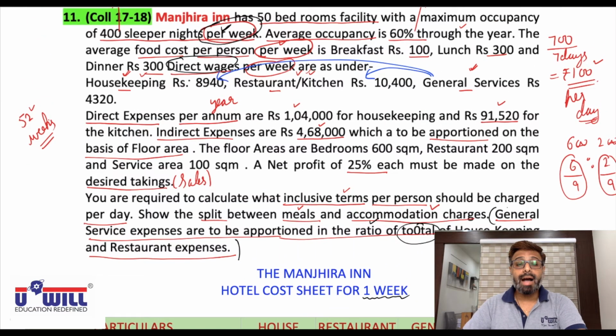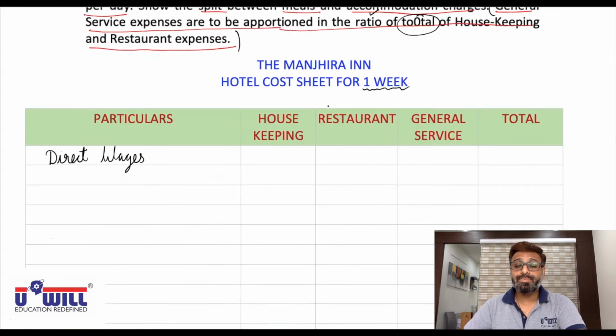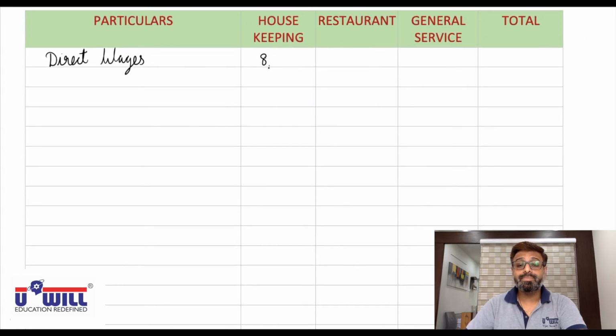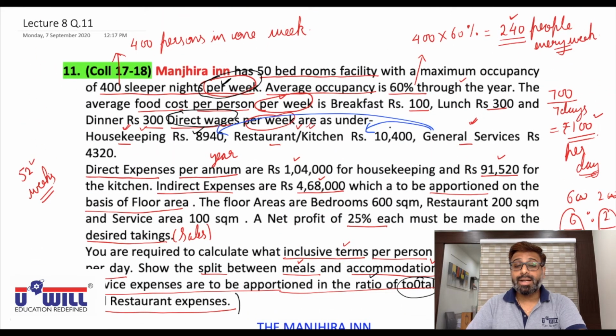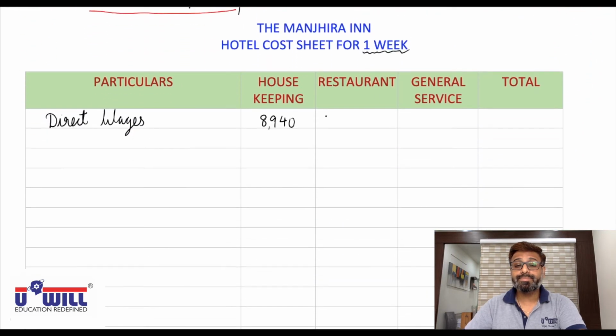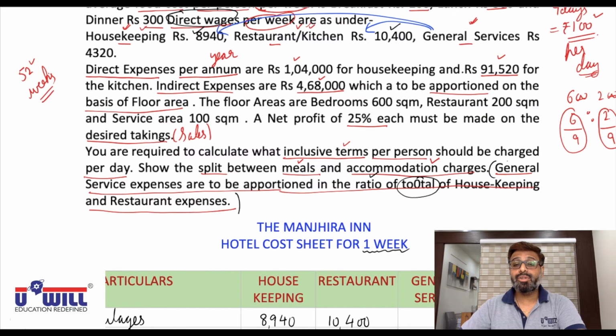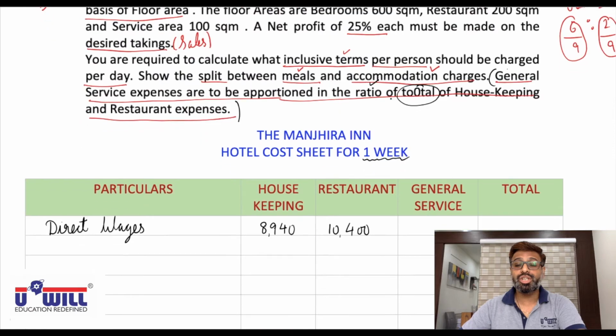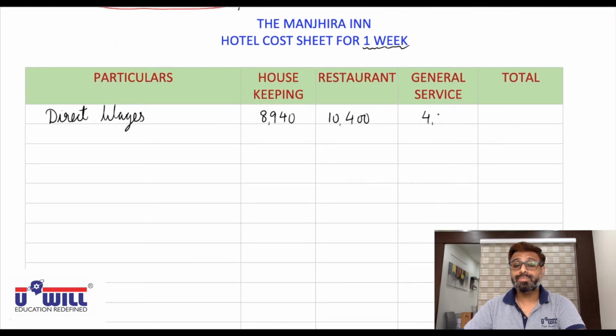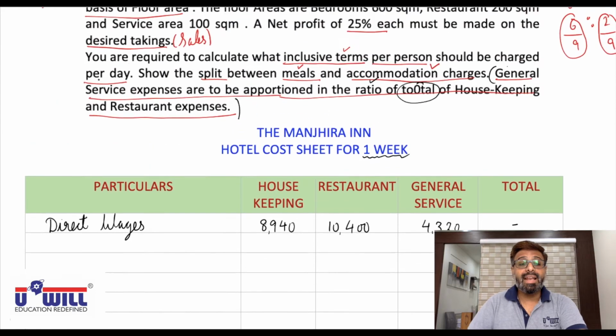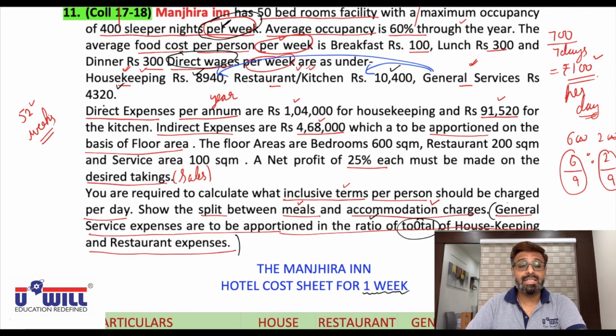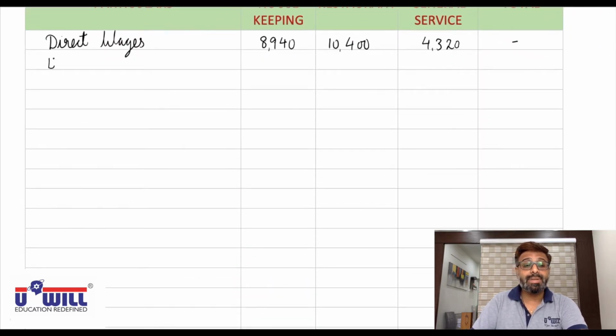See here, housekeeping 8940, then restaurant 10,400, and general service 4320. Total of this is not required. Then after direct wages, which are the next expenses? Direct expenses. So then we take direct expenses.